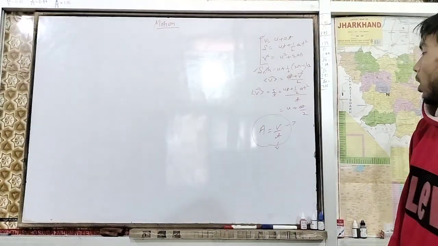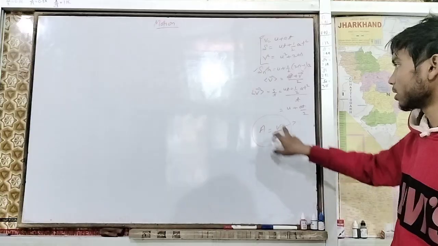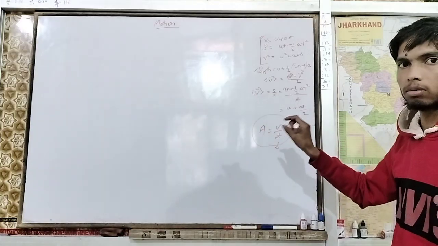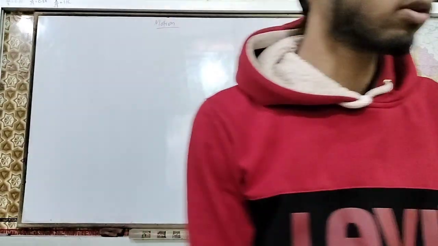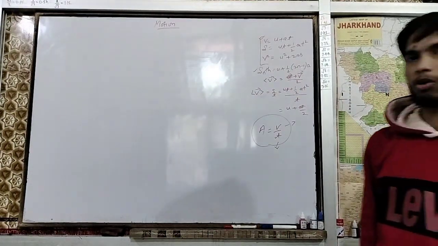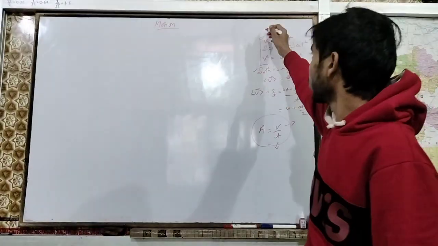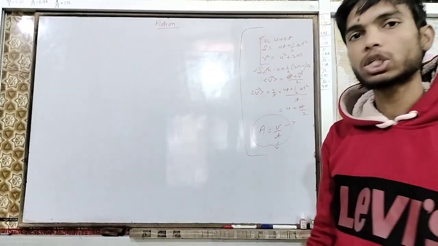You will see, I have told you all this motion equation formula came from only one formula, which is the acceleration formula, a is equal to v by t. One thing more I would like to add over here is that we will use all these formulas when acceleration is constant.